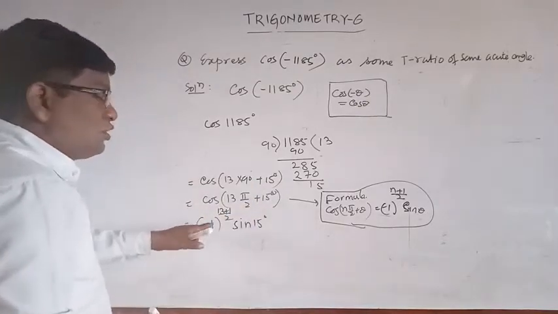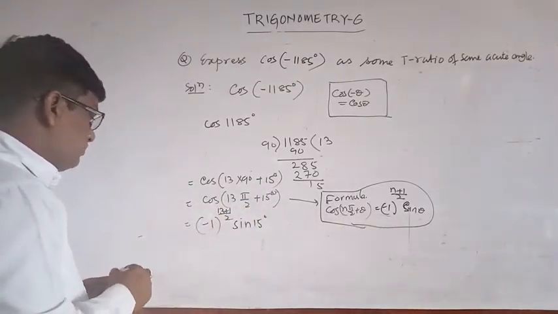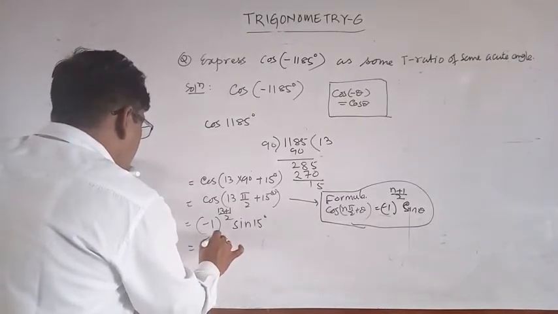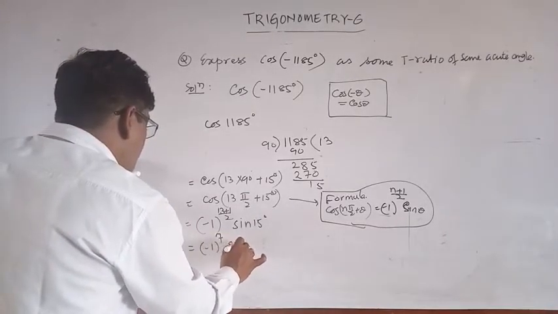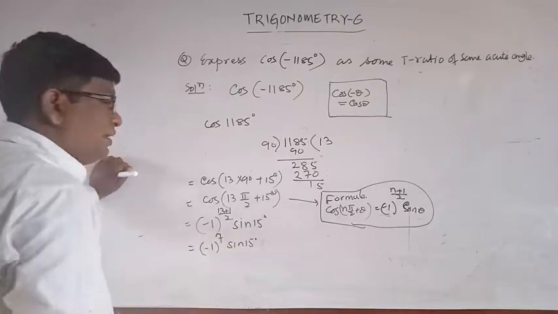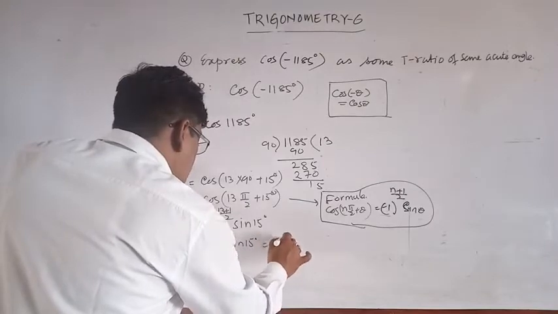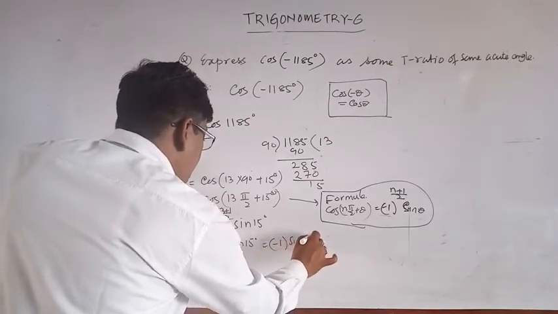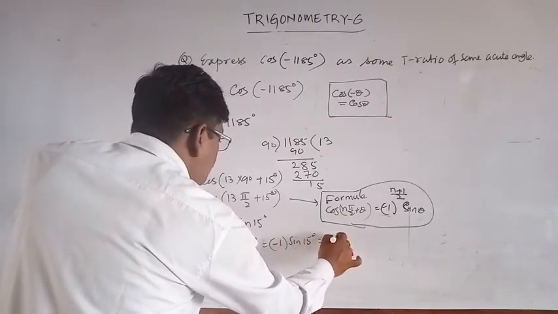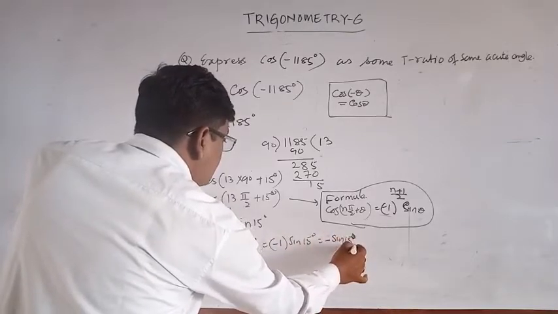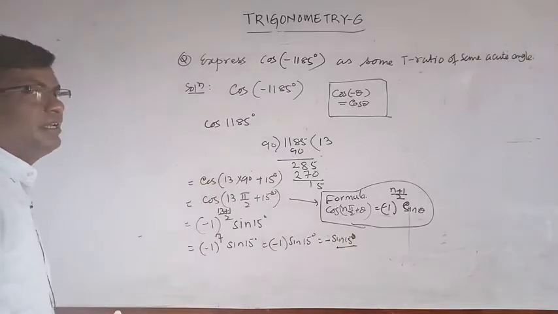So that is equal to minus 1 to the power 7 into sin 15 degree. Minus 1 to the power 7 means minus 1 into sin 15 degree, which is equal to minus sin 15 degree. This is the answer.